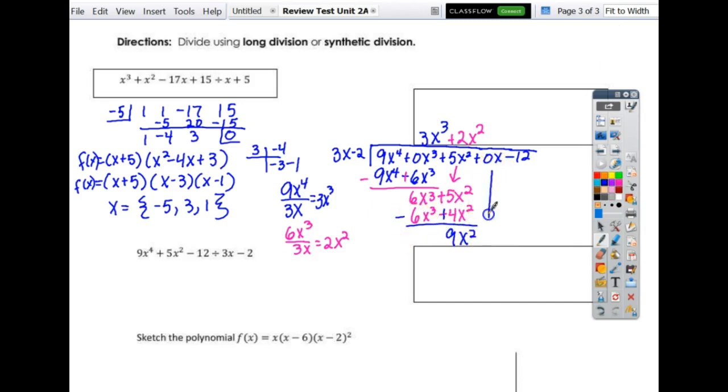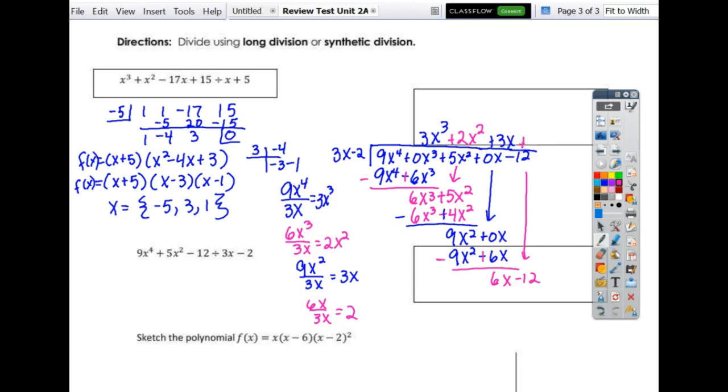I'm going to bring down, first term divided by the first term. So I get plus 3x. I'm going to multiply. I'm going to change the signs. First term divided by the first term. So I get 6x minus 4. Change the sign. So I end up with minus 8.